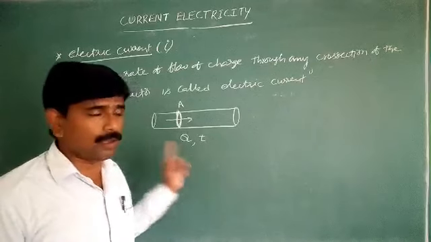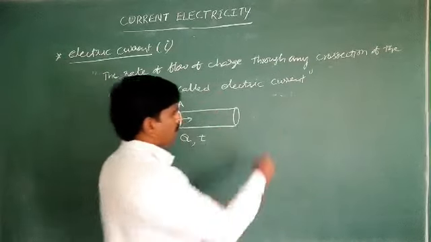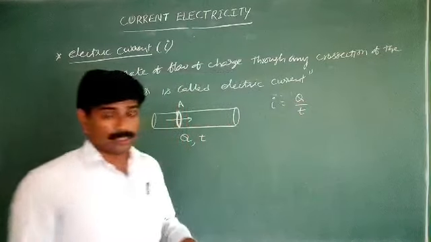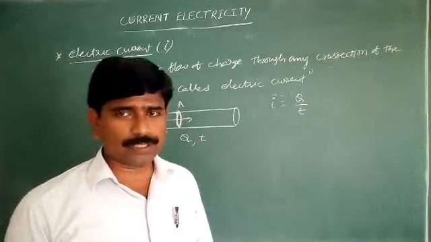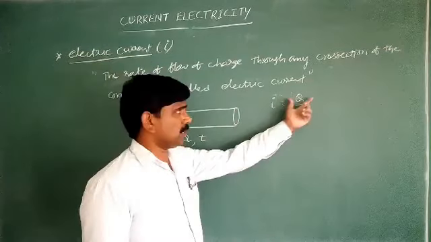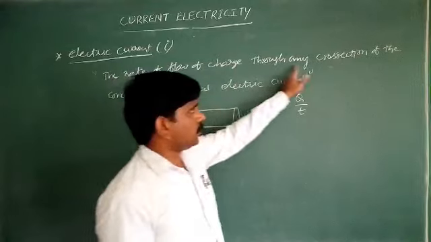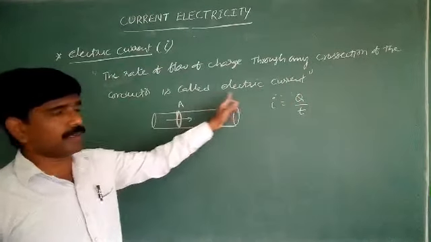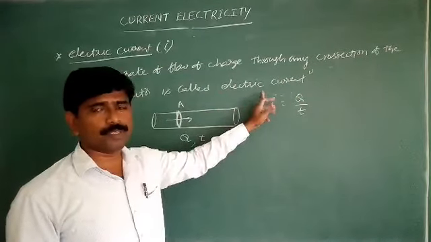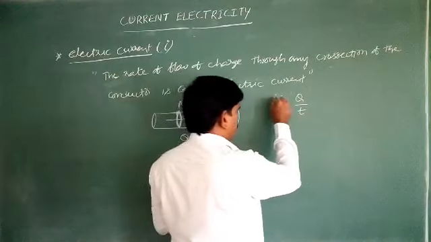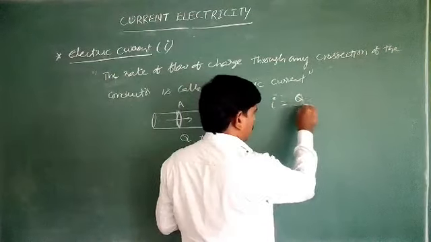Then current I is equal to Q by t, the rate of flow of the charge through any cross section of the conductor.